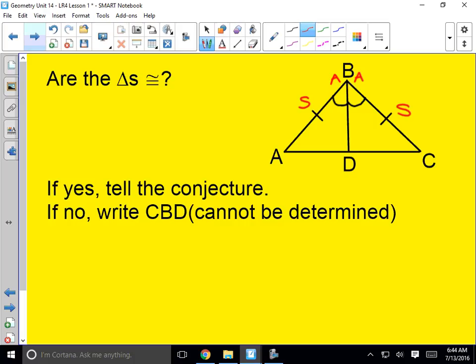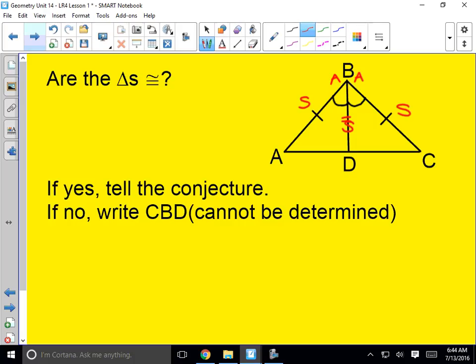And this is one thing you're always going to want to look for in any of these pairs: a shared side or a shared angle. So if you notice, BD is the same side length for both triangles because it's the same thing. It's BD. So I put a 2 tick mark there, and then I can label that with an S.